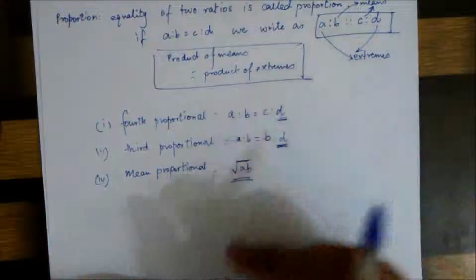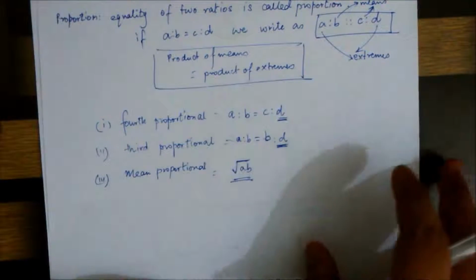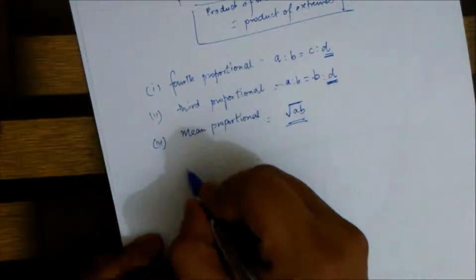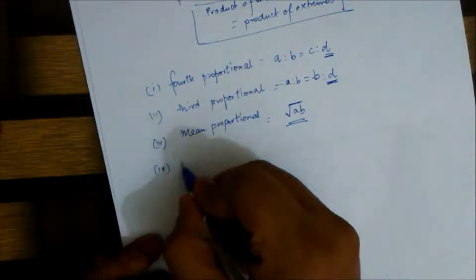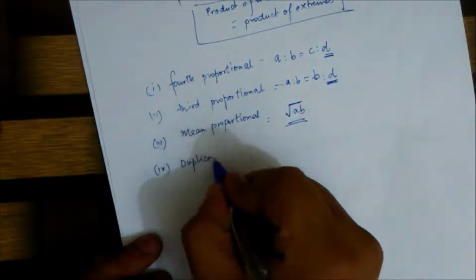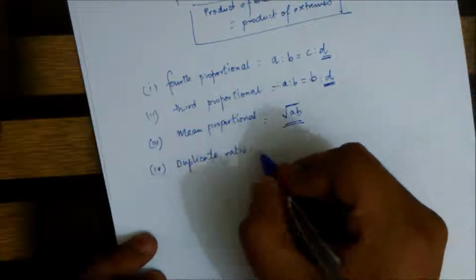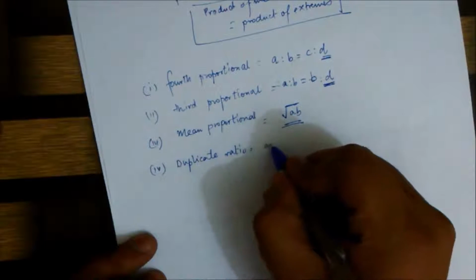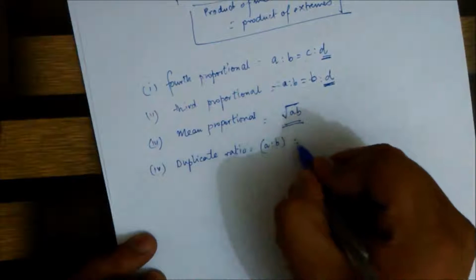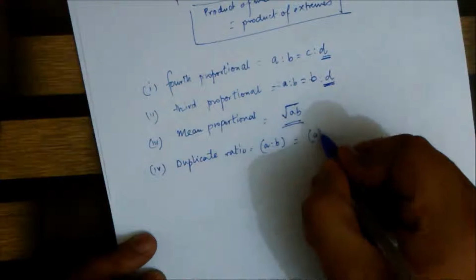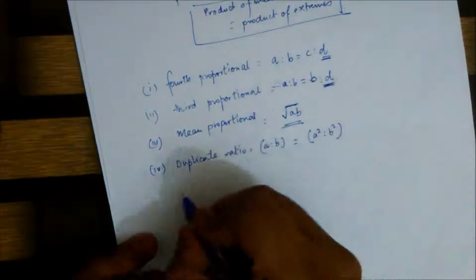Now some more terminologies will be there, like duplicate ratio. If we need to find the duplicate ratio of A is to B, it will be A square is to B square.